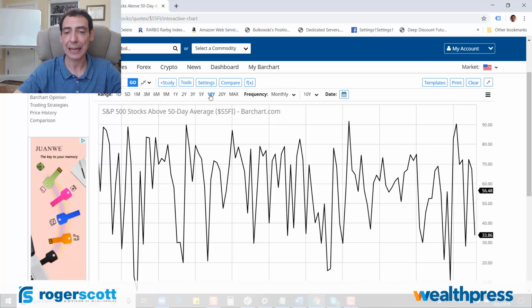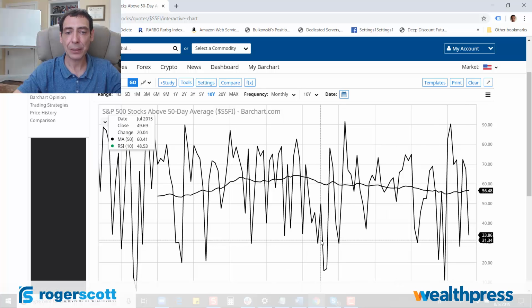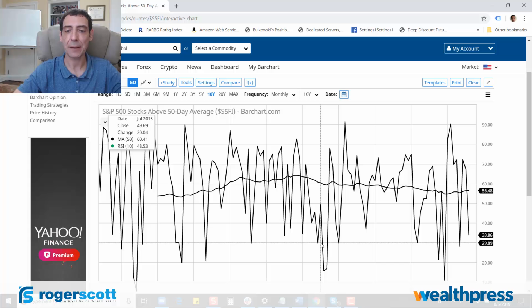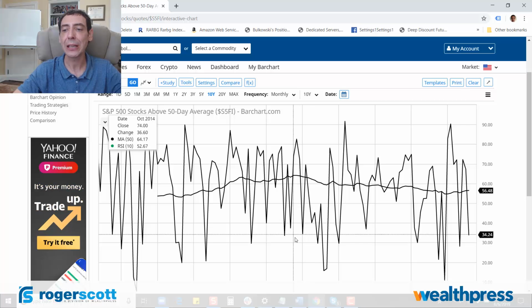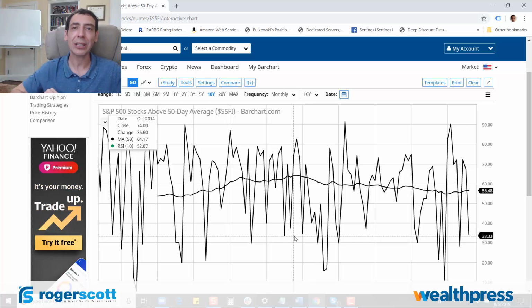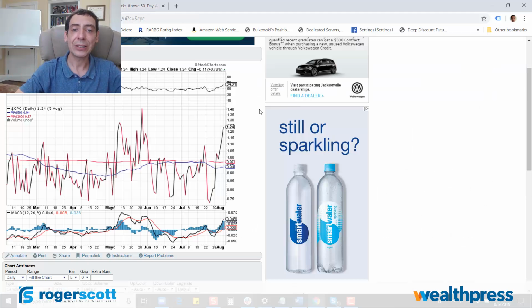Let's go 10 years back. Notice how it typically bottoms right around that area. It went down a few times below, but only a few times in the last 10 years. Usually, once we see 33% above the 50-day moving average, the market tends to revert back up. And that's exactly what this is telling us as well.